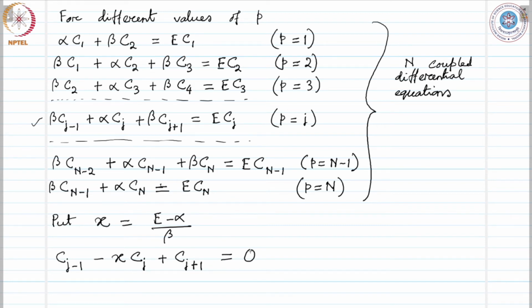And if we use a trial solution for Cj in this case, if we try Cj having the form e power I j theta, where I is the square root of minus 1 and theta is to be determined.